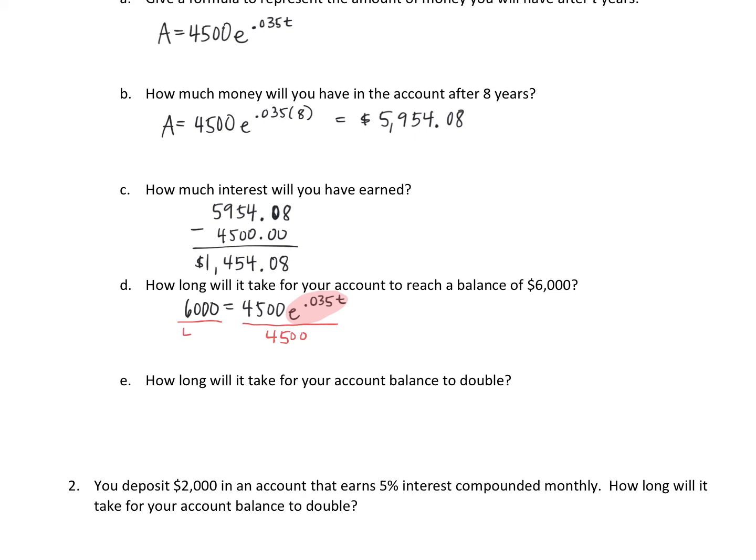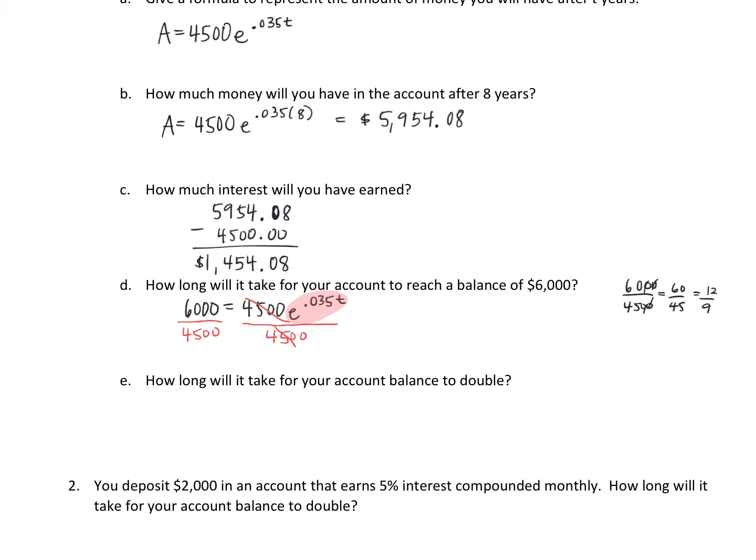Since it's multiplication, I will undo it with division. So when I do that, I will get, let's see, what's 6,000 divided by 4,500? So it doesn't divide evenly, so let's reduce it. So 6,000 divided by 4,500, that'll be 60 over 45. Divide by 5, I will get 12 over 9.